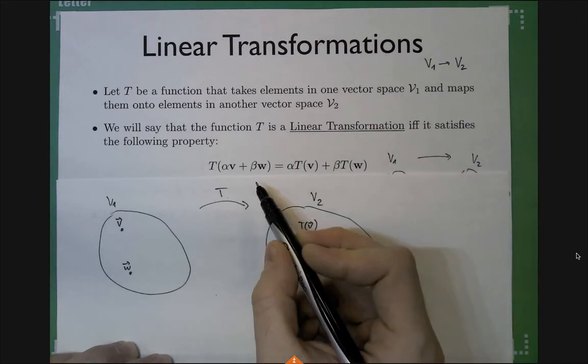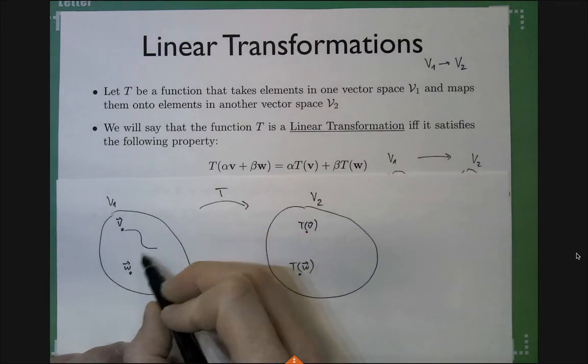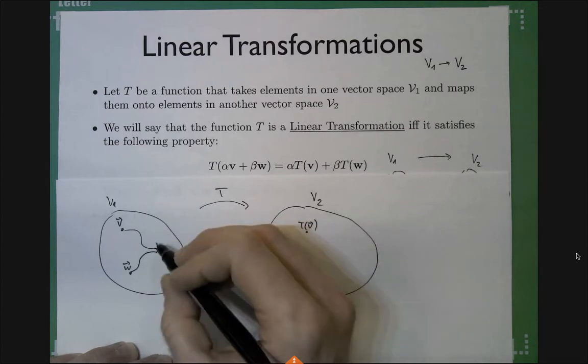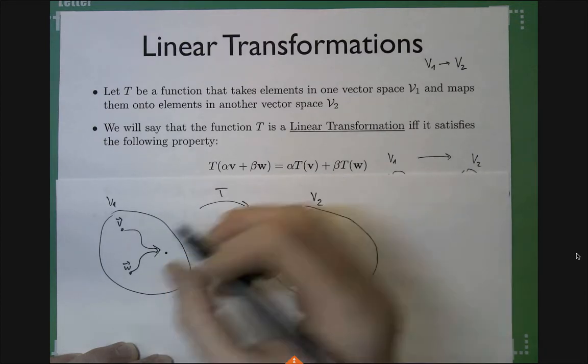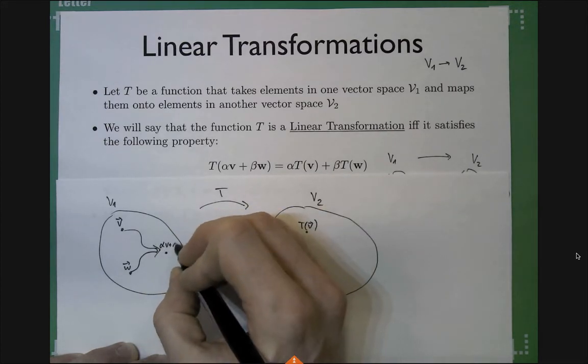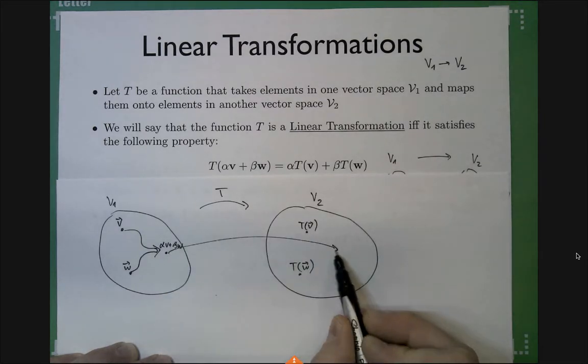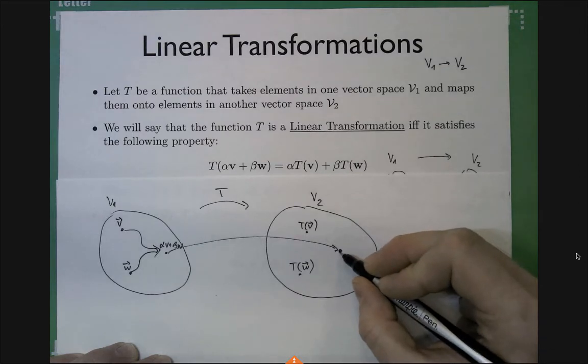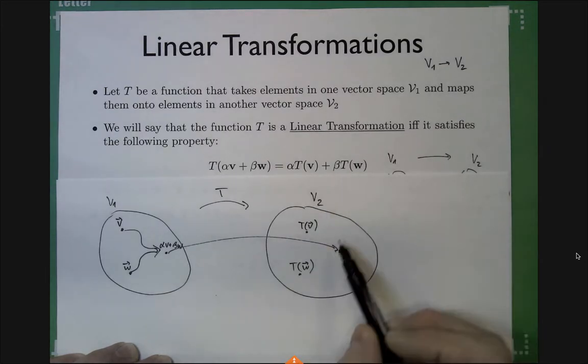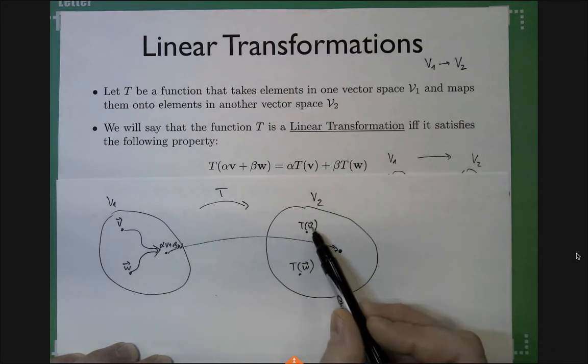What this says is that it doesn't matter if I first do the linear combination of V and W, producing some vector alpha V plus beta W, and then map it. This would be the result. This says that I will get the same thing as if I do the linear combination here.